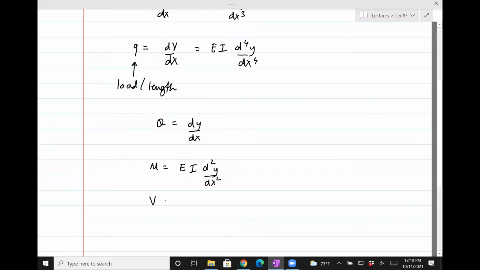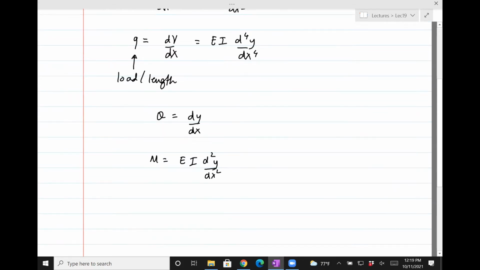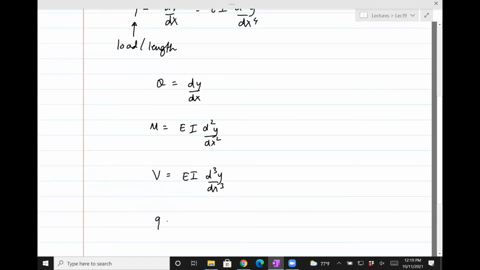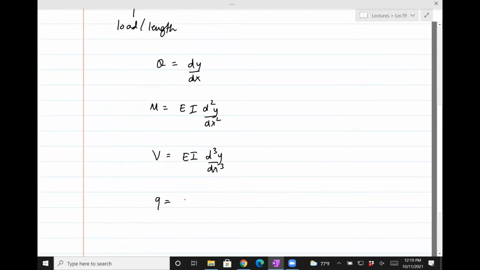If you take the next derivative, you get V equals EI d cubed y by dx cubed, and then Q is the next derivative, so EI d raised to 4 y by dx raised to 4.